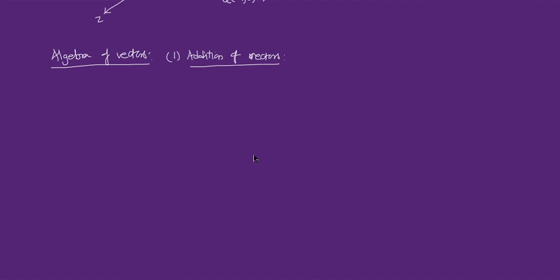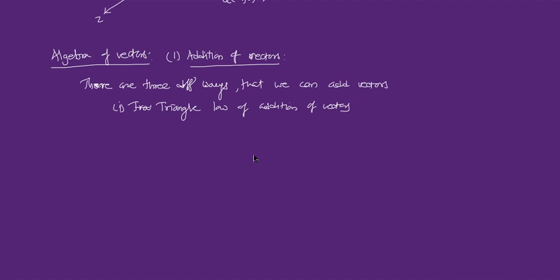The second is the parallelogram law of addition of vectors. And the third one is, if I am given more than two vectors, then we have to use a law called the polygon law of addition of vectors.